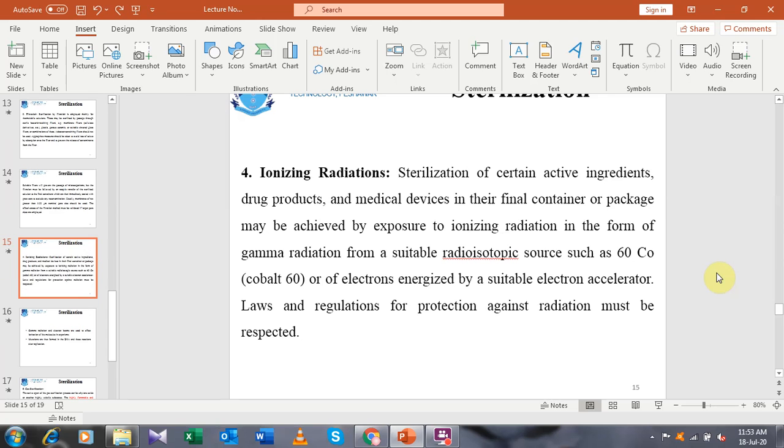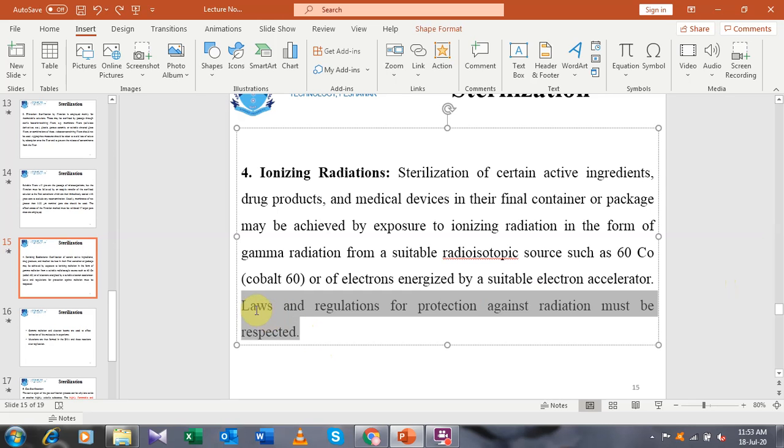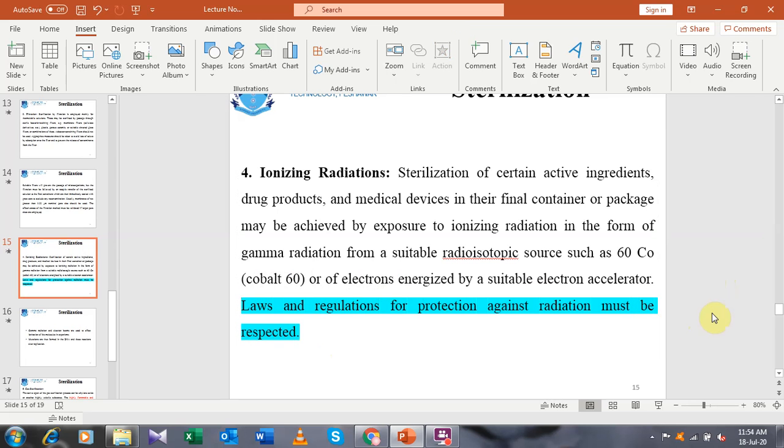And ionizing radiation, for example cobalt 60, a suitable radioactive isotope, or gamma radiation, with cobalt 60 as the source. Special precautions, protection-related laws and regulations for protecting personnel and the environment from radiation exposure should be of prime importance.